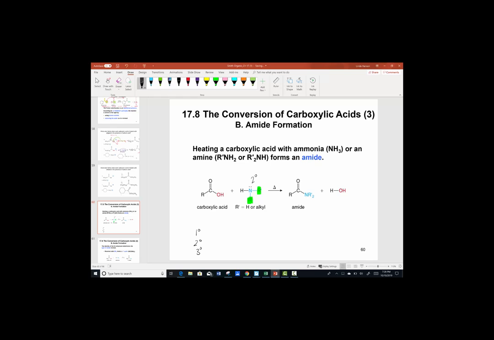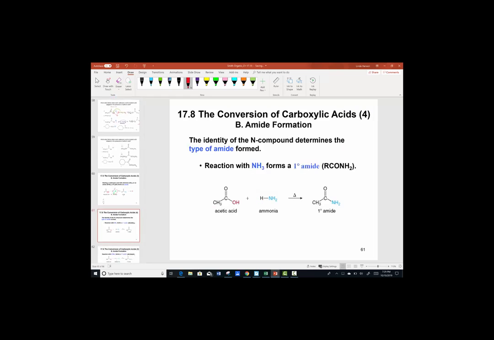But the pattern will be the same, except this time we're going to take the OH group off and substitute it with the nitrogen group to create the amide. So our general formula says taking a nitrogen derivative and exchanging its place with the OH to form the amide and water. Let's practice more specifically.